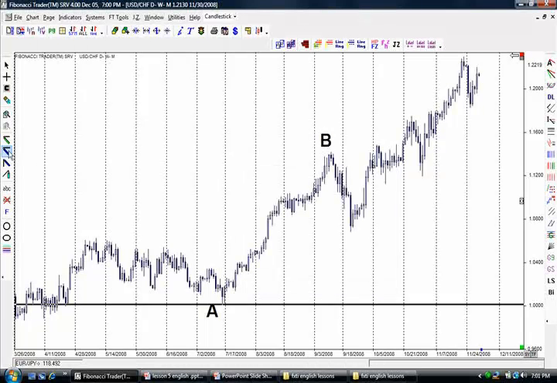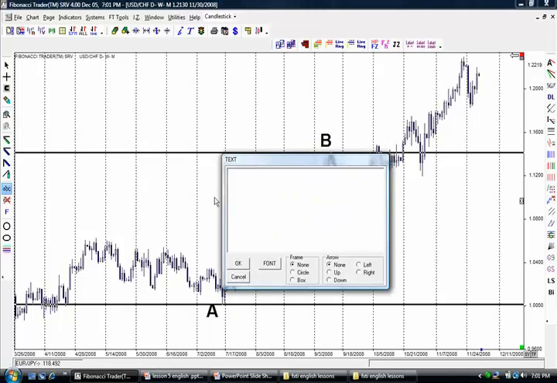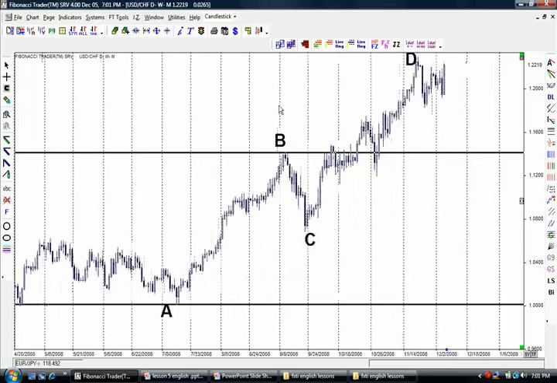Okay, and this was the B. And the market retraced back and did a C. Sorry, let's put the D up here. It did a C, and then the market rallied all the way up to D. So this was our A, B, C, D, and we're starting from the left-hand side of the screen.